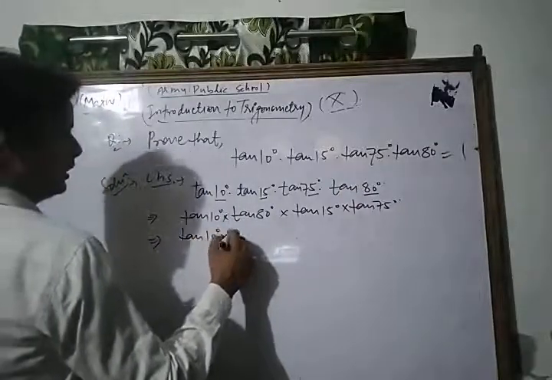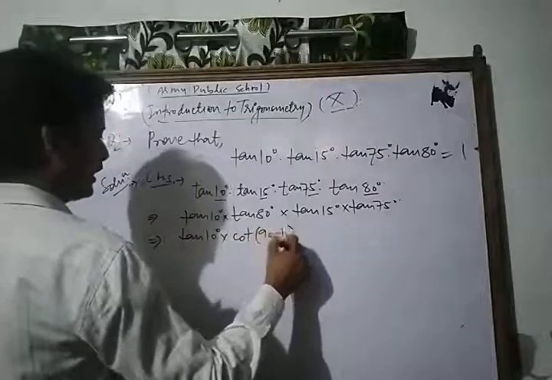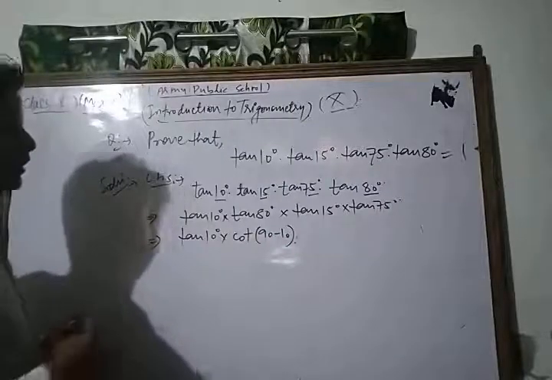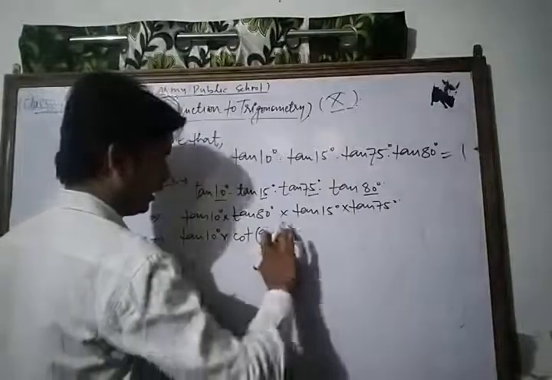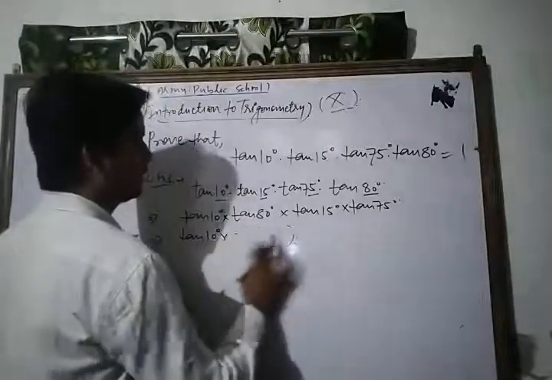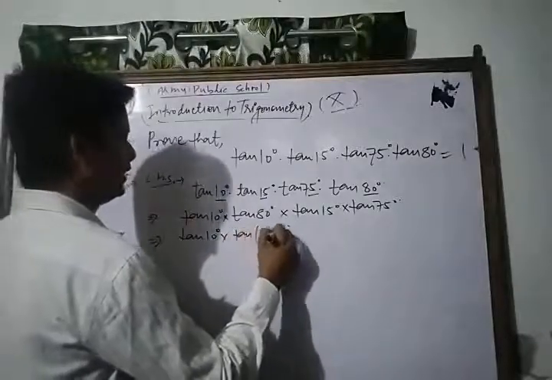Now we can write tan 10° into tan 80° as tan 10° into tan of 90 minus 10. We can write 80 degree as 90 minus 10.